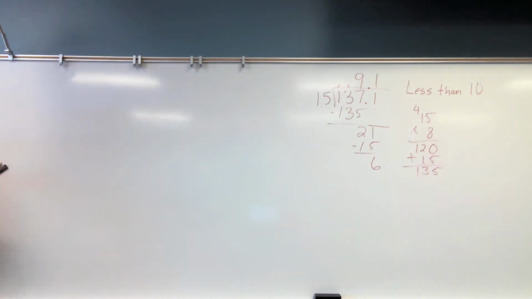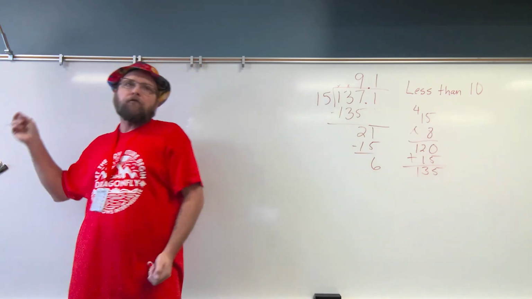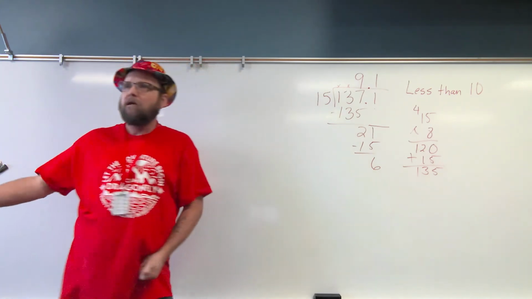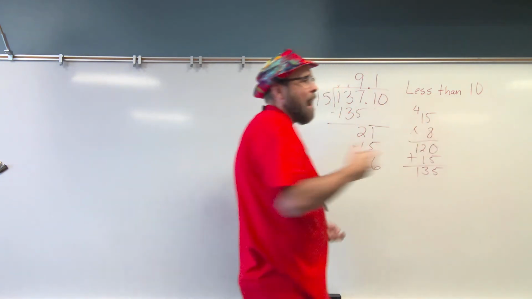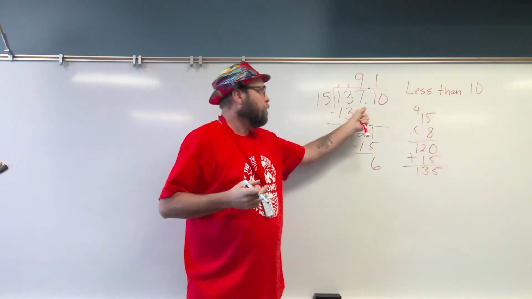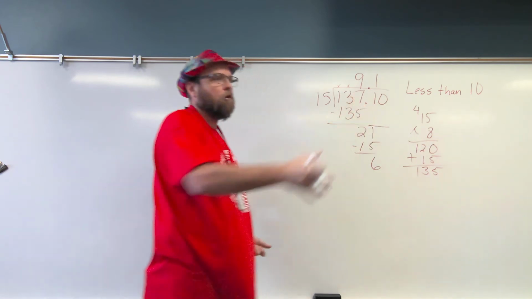However, I can't have 9 1/10 remainder 6. So I have to change 137 1/10 to 137 10 hundredths. And it doesn't change the value. Because I'm adding, I have 137 1/10. So I'm going to reach in my pocket and add 0 hundredths and throw them up there.